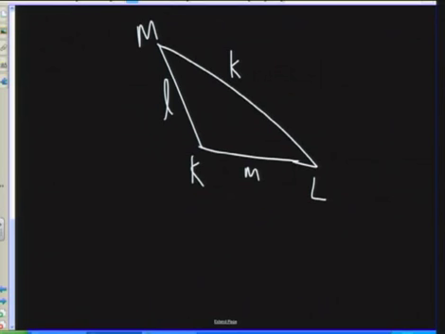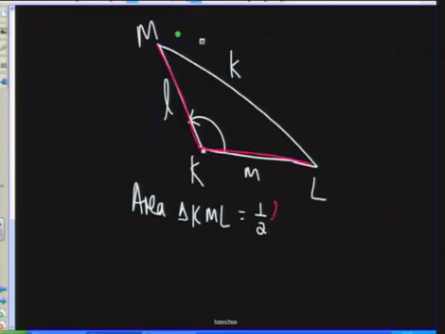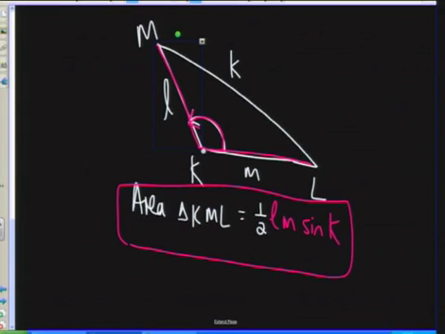If I choose a completely arbitrary angle, K, then the formula for the area of triangle KLM is going to be half of the two sides that you're working with, which are adjacent, multiplied by the sine of K. So two sides adjacent with the included angle. And it's always standard. That's its formula. What I'm not doing is showing you the proof. Hopefully that answers the question.